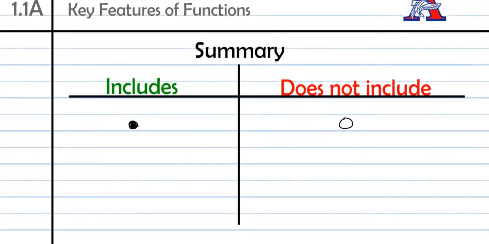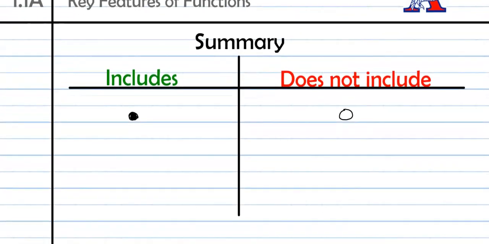Okay, let's go to set notation next. If you're including, it's going to be a less than or equal to or a greater than or equal to sign. Does not include, you don't have the lines underneath.